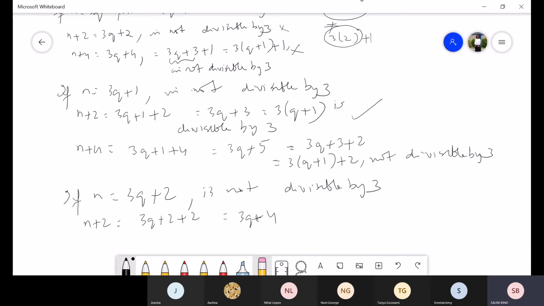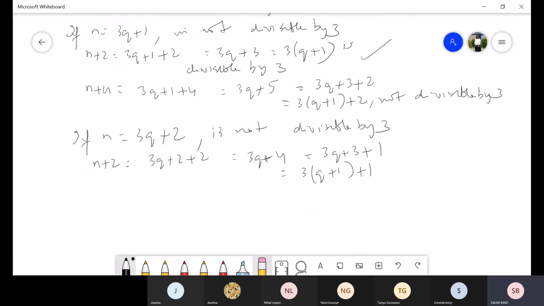So I can write this as 3q plus 3 plus 1, and from the first 2 terms I take a common factor. Still the number is not divisible by 3, because 3 into some number plus 1 is not divisible by 3.